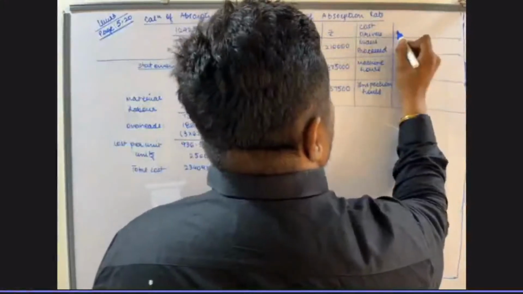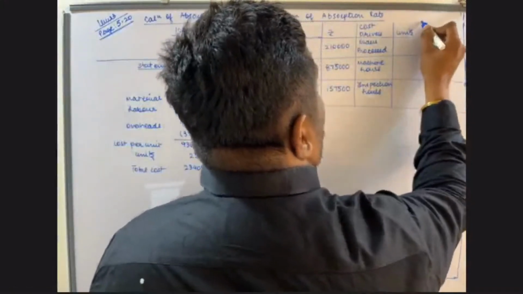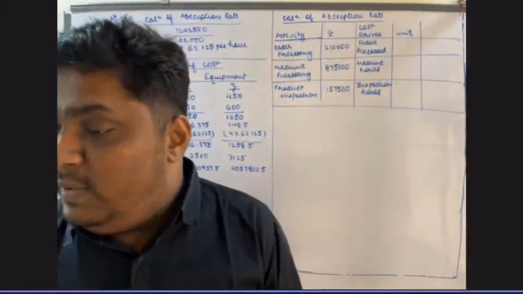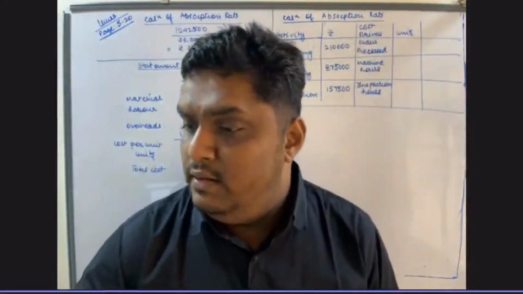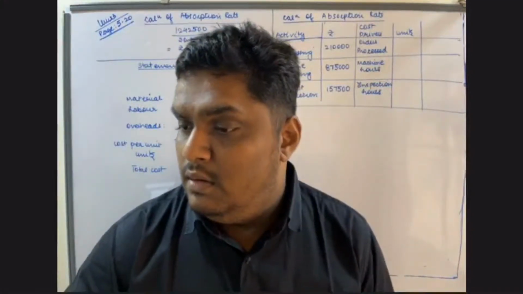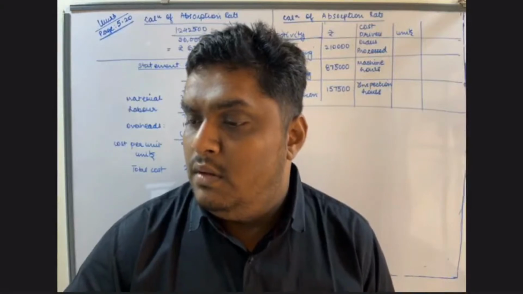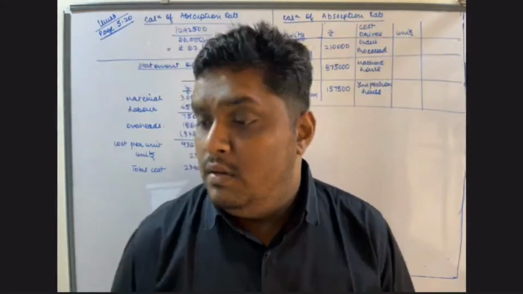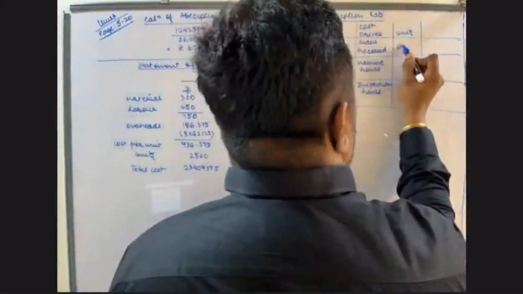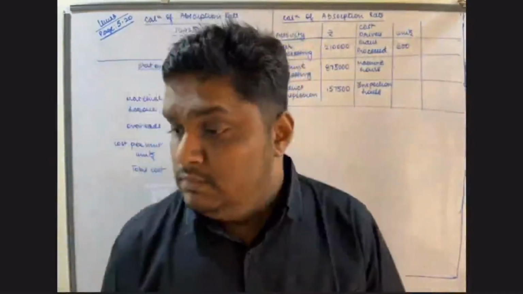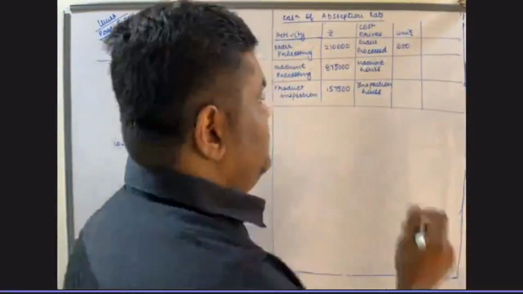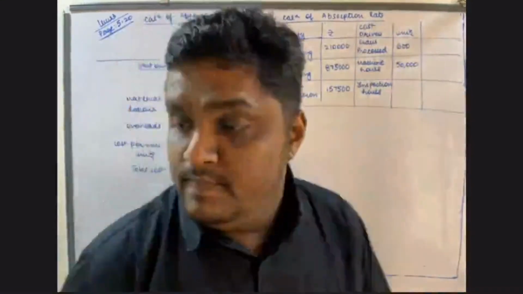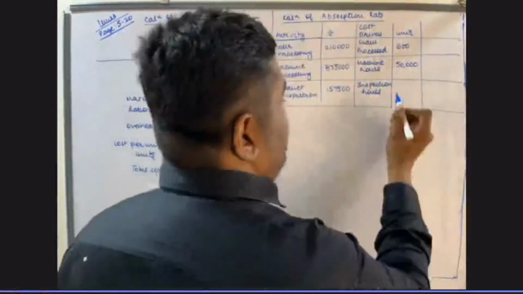Now the units of cost driver. So the total number of orders processed is 600, total machine hours worked are 50,000, and the last is inspection hours, which are 15,000.